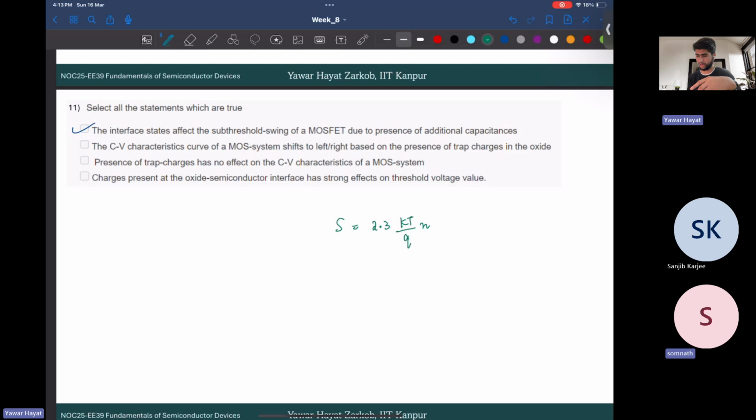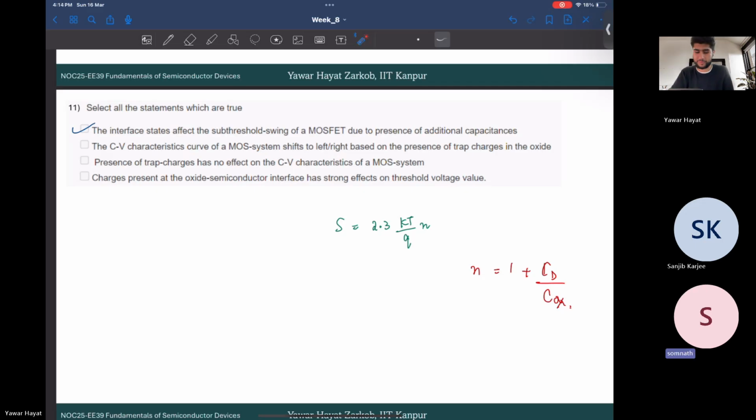And this slope factor n has that dependency. Your slope factor n is 1 plus Cd by Cox. So that is the reason the interface states would affect the subthreshold swing of a MOSFET in the presence of additional capacitances. It is from this that the dependence on the capacitances comes into the picture. Is this clear?